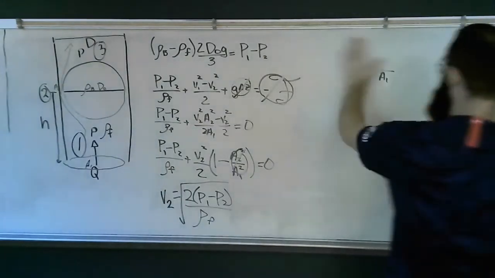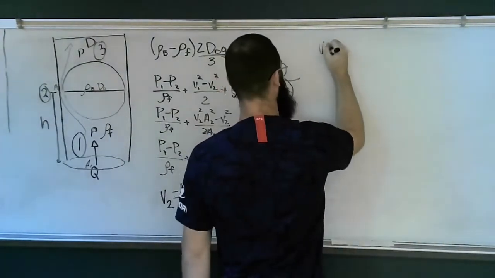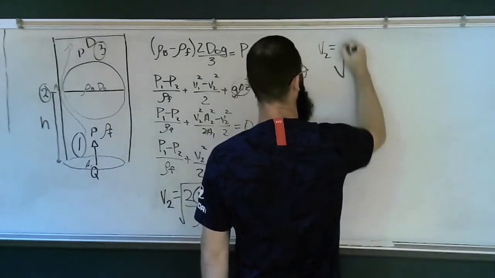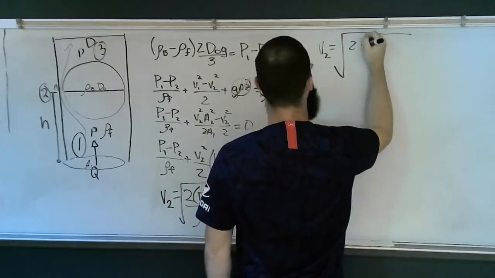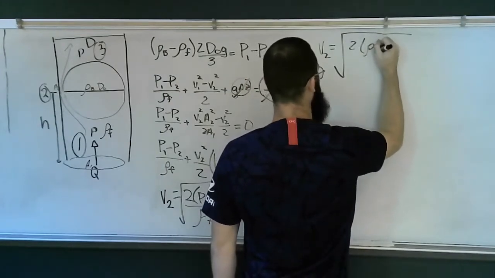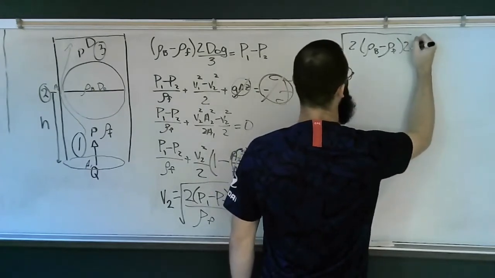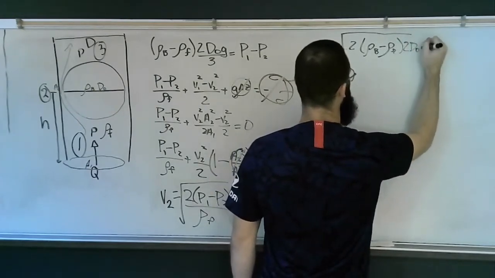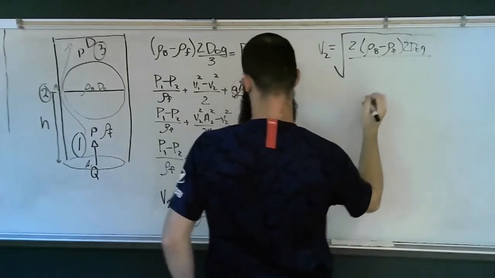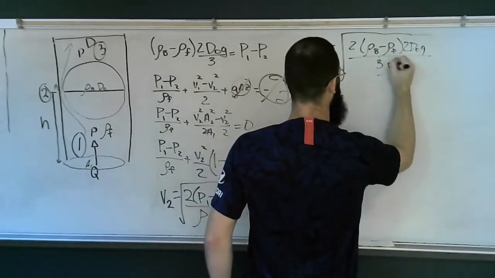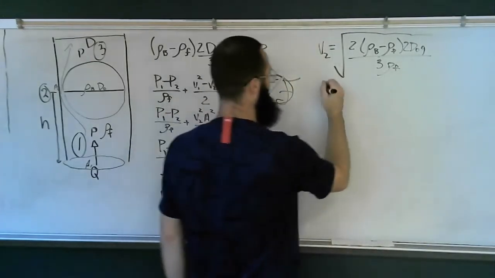I'm going to erase this to give us some more room. And that will be V2 equals the square root of 2 times rho B minus rho F, d naught, g, all over 3 rho F. So we can combine a couple things here.